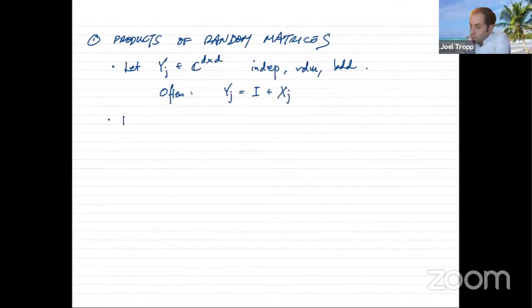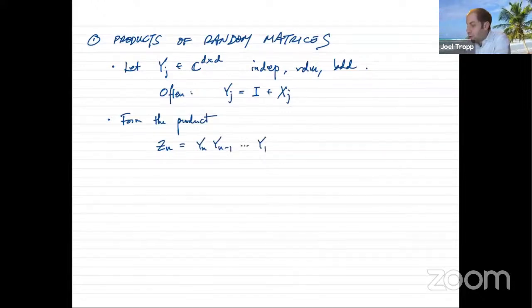Now, we're going to form the product of these factors. So Z_n is the product Y_n, Y_{n-1}, all the way down to Y_1, which is, again, a random matrix that's d by d.